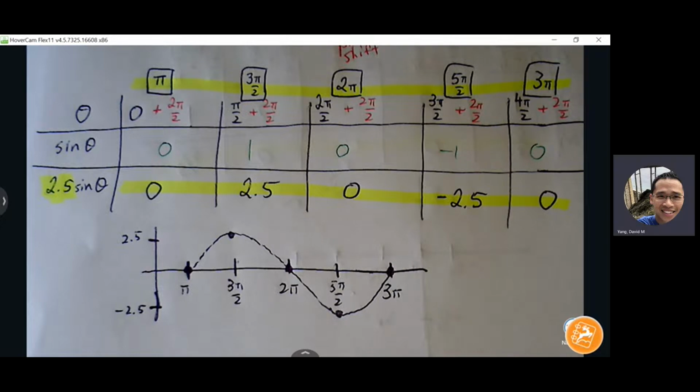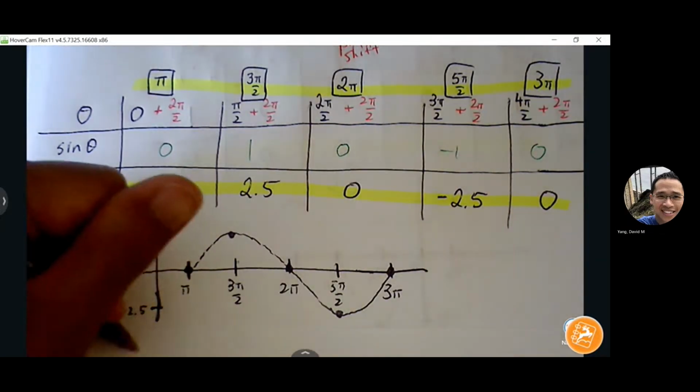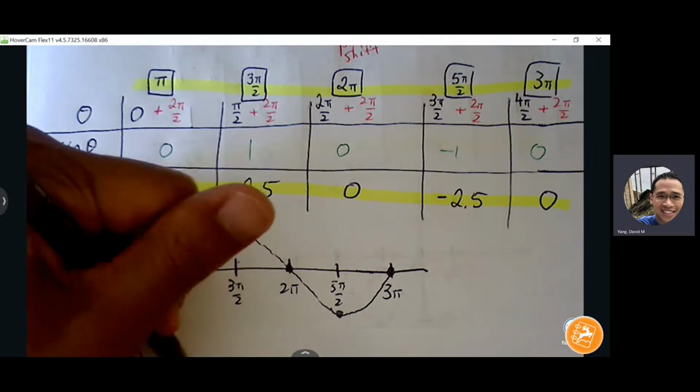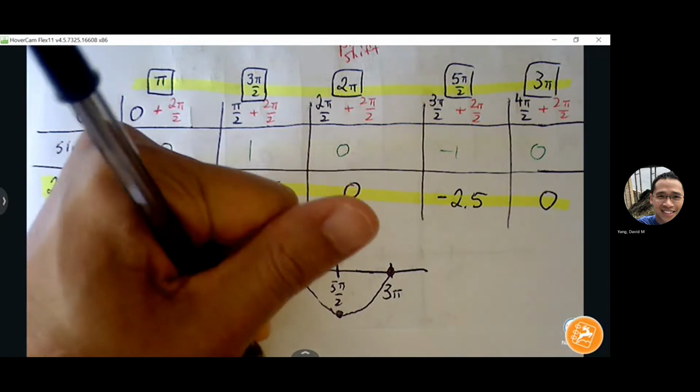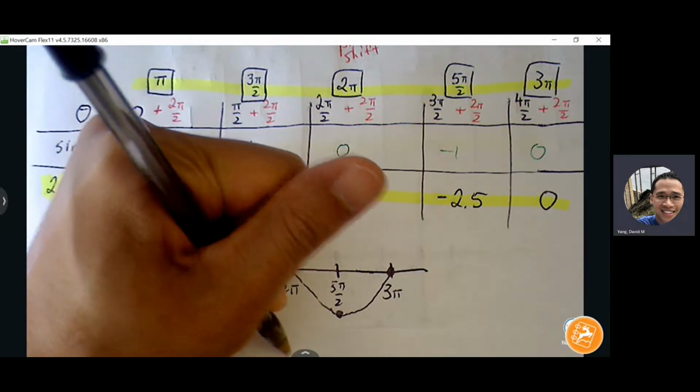Okay, let's do one more, number 9. Yeah, how we can get 4 times. Yeah, if you need more paper, come up and grab any that you need.